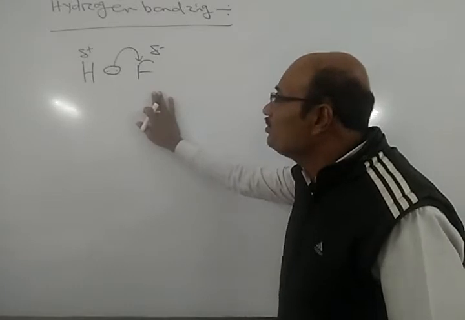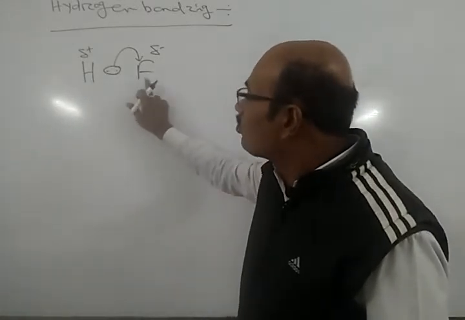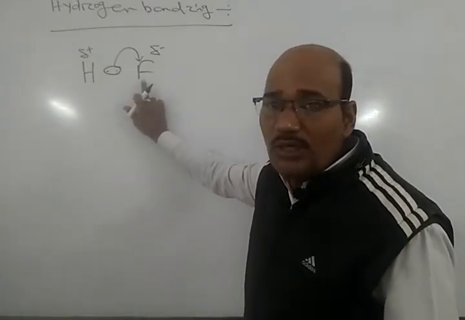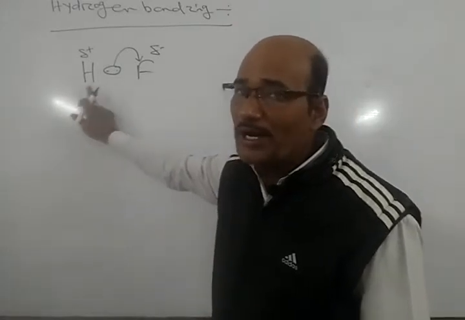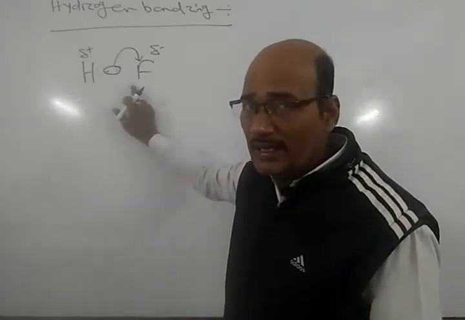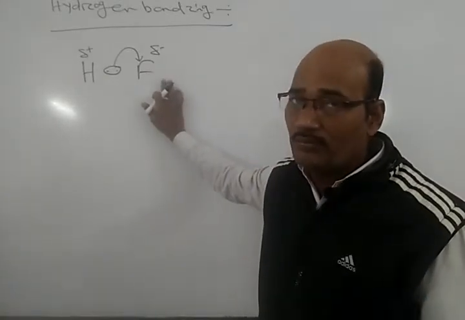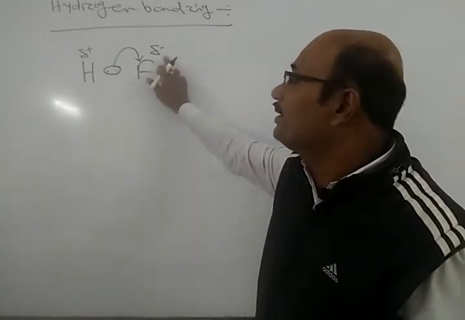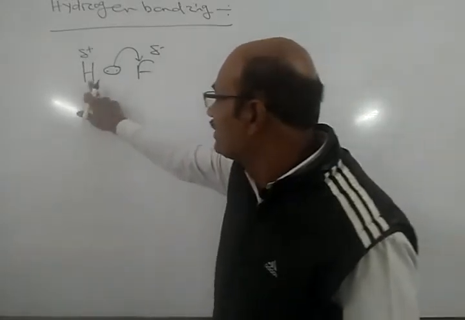Okay. So here you see in HF, fluorine is having higher electronegativity as compared to hydrogen. Hence, this electron pair is more attracted towards the fluorine atom. Thereby, it is getting a partial negative charge and it is getting the partial positive charge.